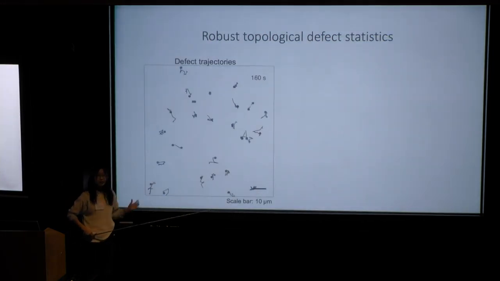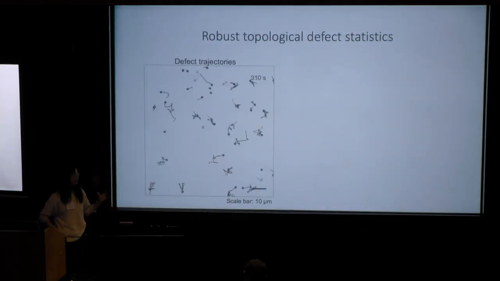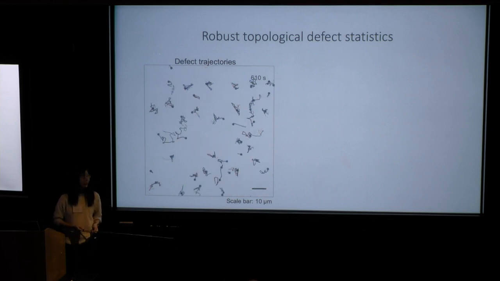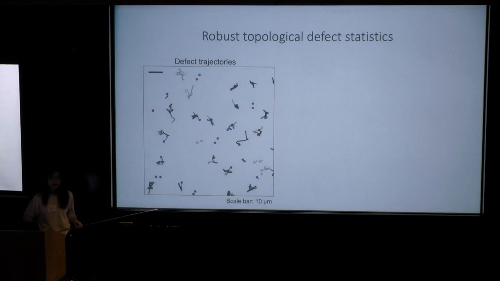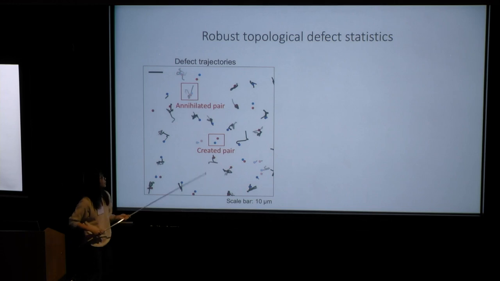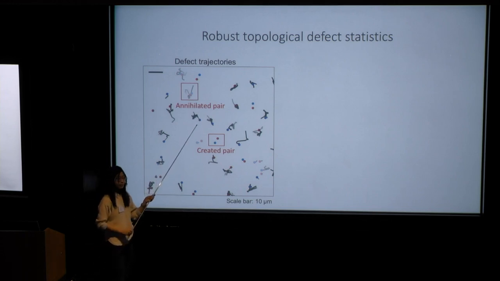When we track the defect trajectory as point objects moving from frame to frame, we can also see that they have intriguing dynamics. At any instantaneous time, there always exist newly created pairs of +1 and -1, and also newly annihilated pairs.